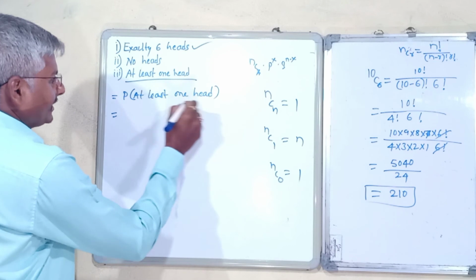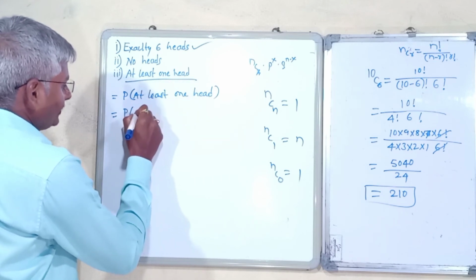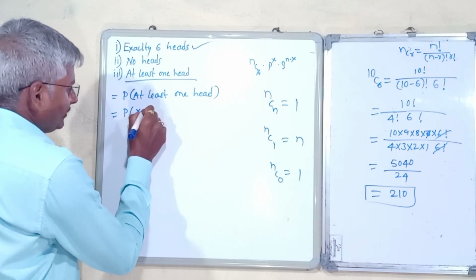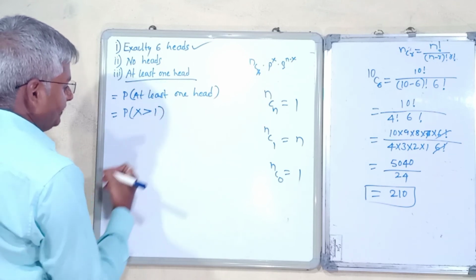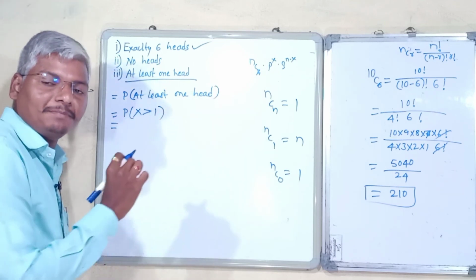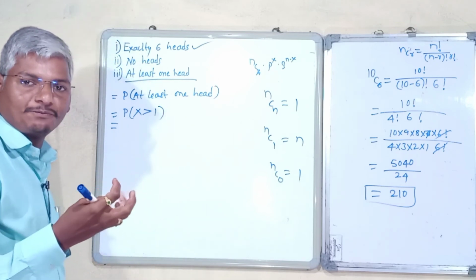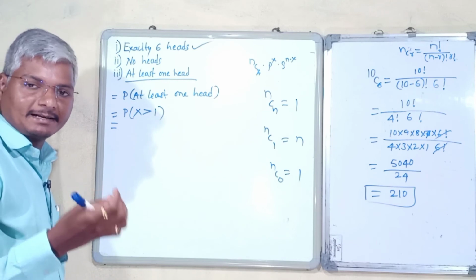So probability of at least one head is probability of x more than or equal to 1. At least means minimum 1. So it may be 1 head, 2 heads, 3, 4, 5, 6, 7, 8, 9 or 10 heads.